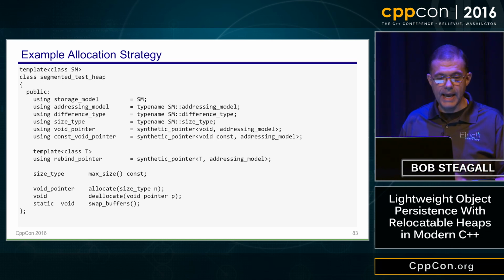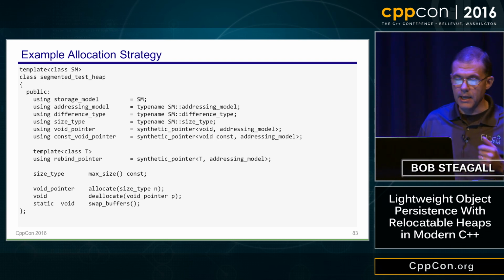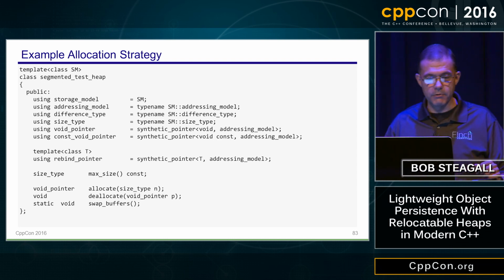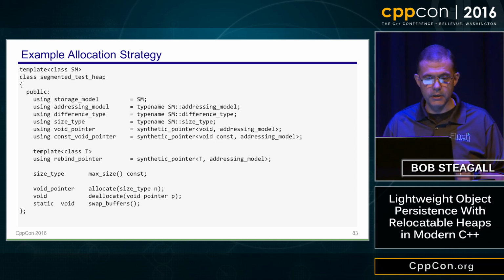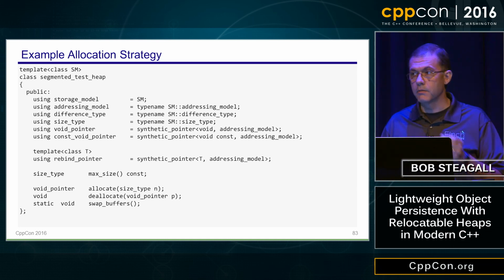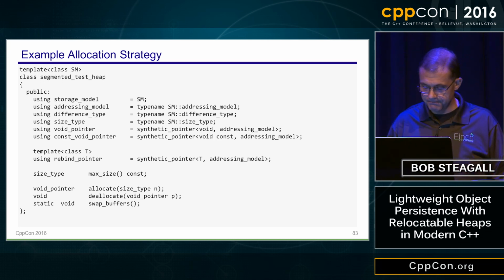Max size, allocate, deallocate, and the mysterious swap buffers member function. Now, note that allocate returns a void pointer, and note just above that void pointer here is a synthetic pointer representing a void pointer, but using our addressing model template argument.